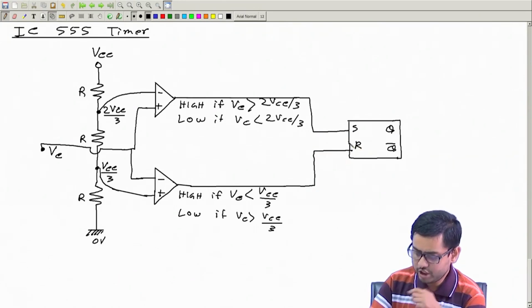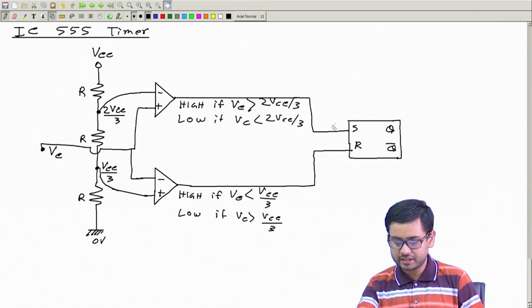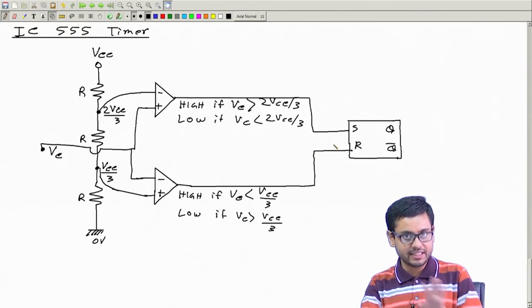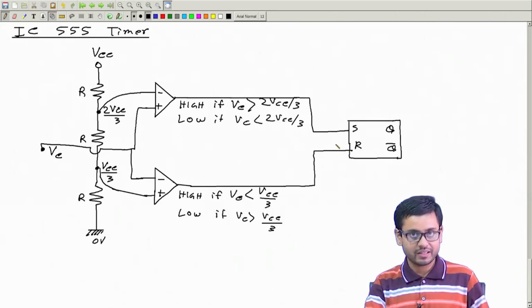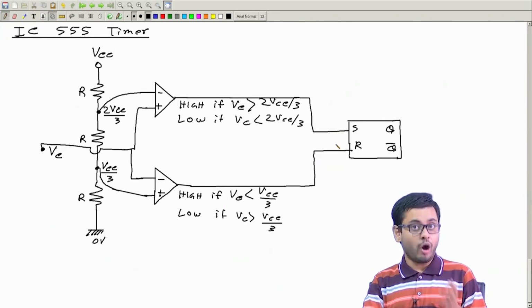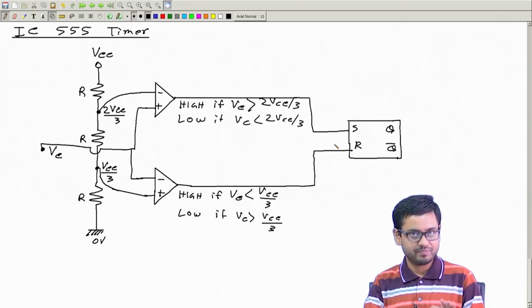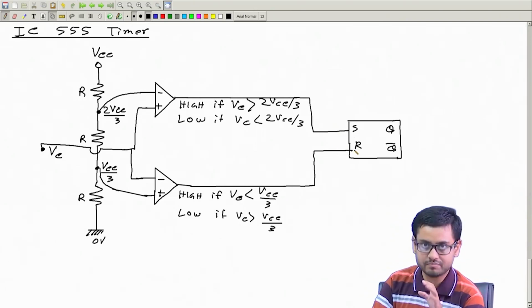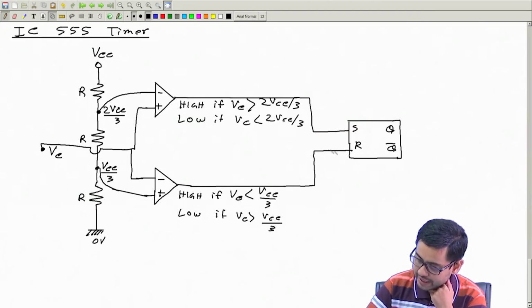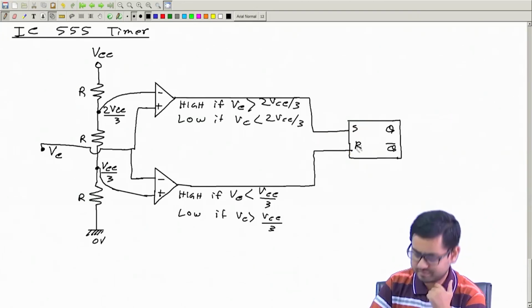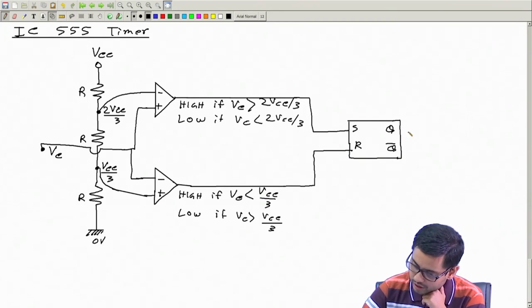Once again, you could have connected this to reset and this to set. There is nothing quite secret about it. You can still complete this story in that way. You have to adjust things accordingly. So, I connect this to S and R arbitrarily. So, then what can I write about this?